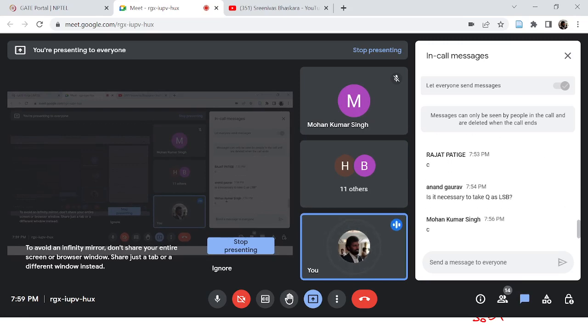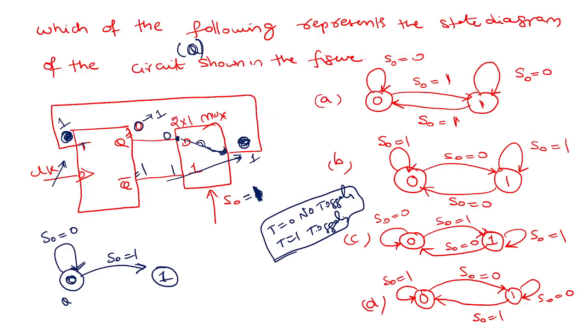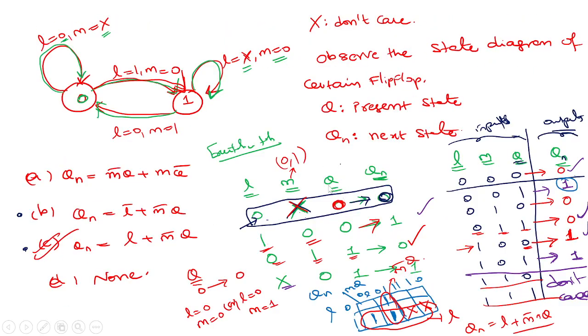Somebody asked, Anand, is it necessary to take Q as LSB? No, you can take that as MSB also. Let's go back to this question. I am considering Q as, let's say, you can take it whichever way you want. Accordingly, your Karnaugh map is also going to change.